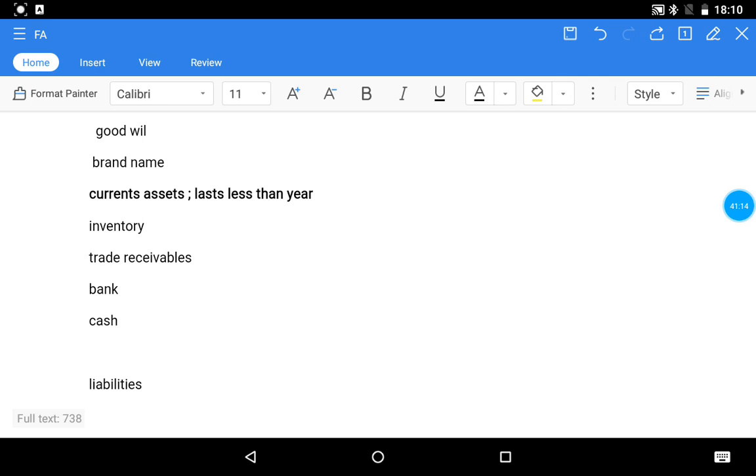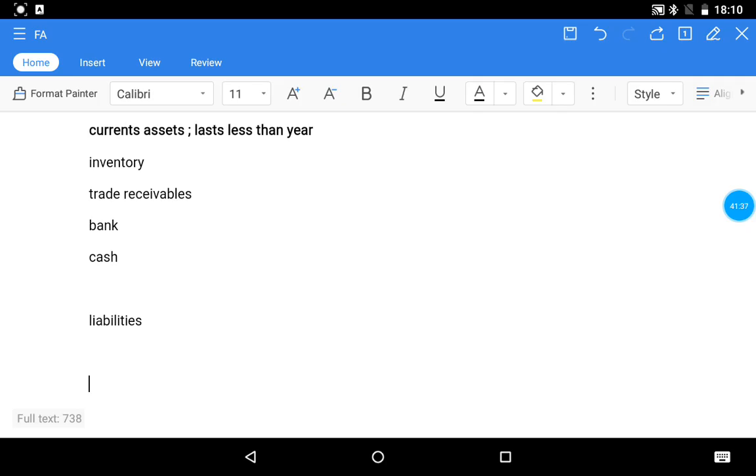So when you talk about liabilities, they say a liability is a present obligation from past events, settlement of which will result in an outflow of economic benefits from the entity. A liability is against a business.